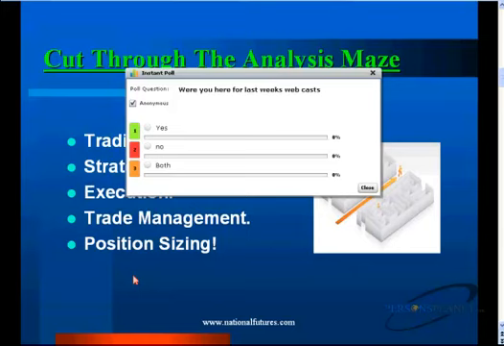But once you are filled, what's the next phase? How you manage that trade. Where does your stop go? Where's your exit? And then what's your position sizing? Do you have too much on? Did you cut back? Do you not have enough on? So these are what I call the five bullet points of really focusing in on trading opportunities.